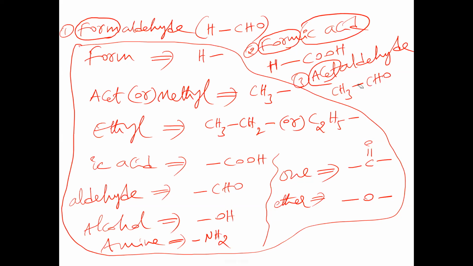CH3 bond CHO is acetaldehyde. And tell me acetic acid, the fourth one. Acet indicates CH3 bond, and ic acid means COOH. Acetic acid. Is that clear now? Let's take the screenshot of this.